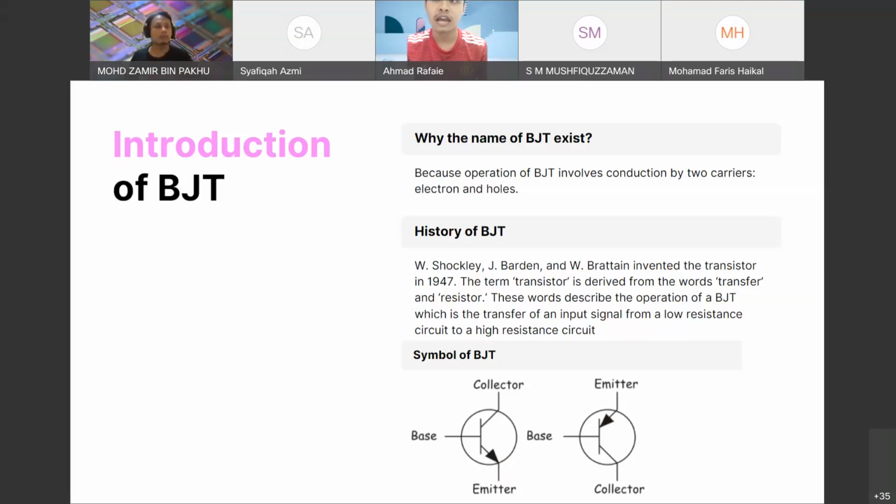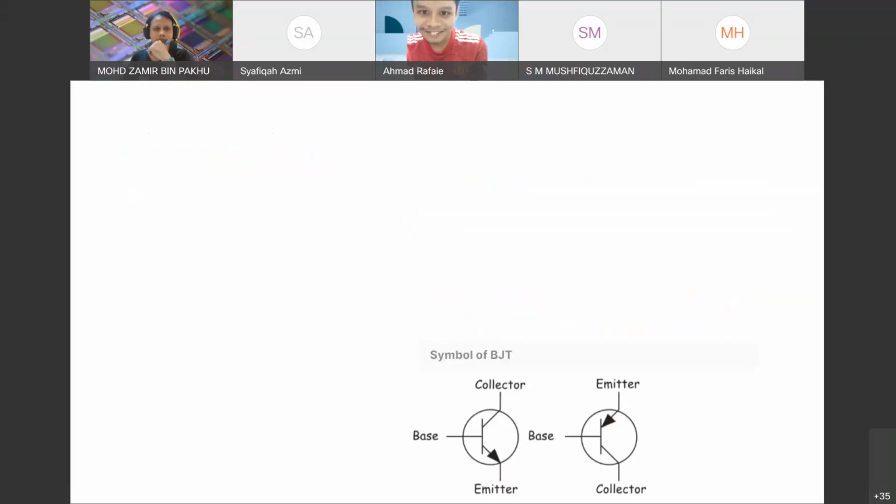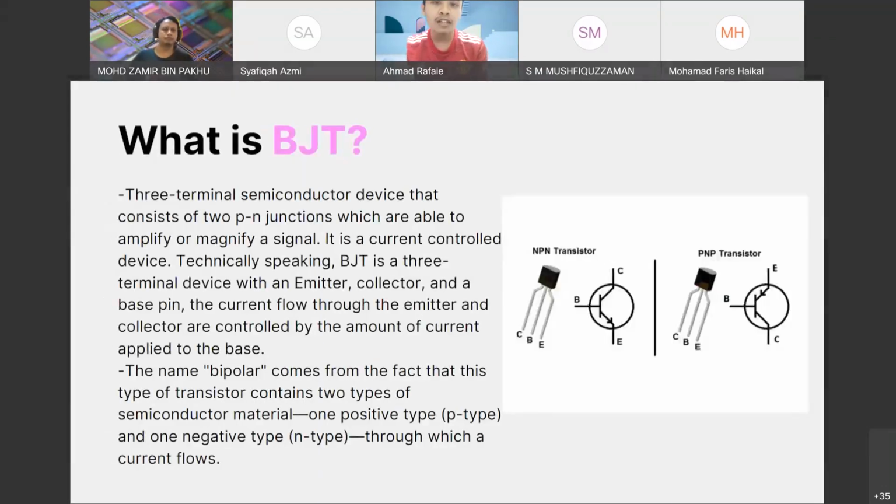And the right side of the picture is the PNP transistor, because the arrow goes from the emitter to the base. Okay, next.